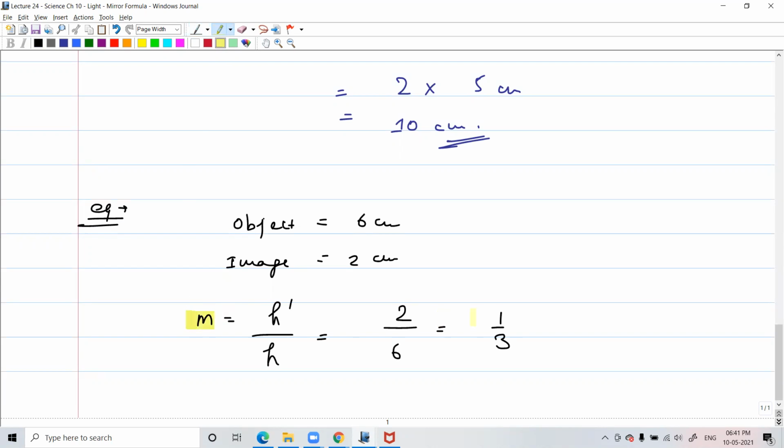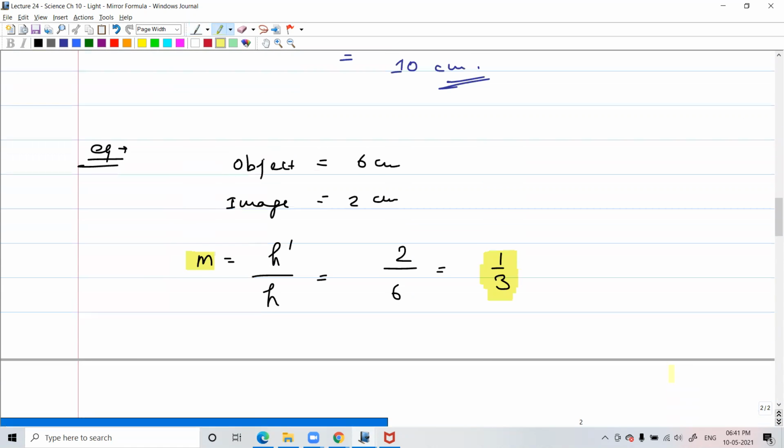So is everyone getting 1 by 3? Smaller. Are you all getting 1 by 3 as the magnification?